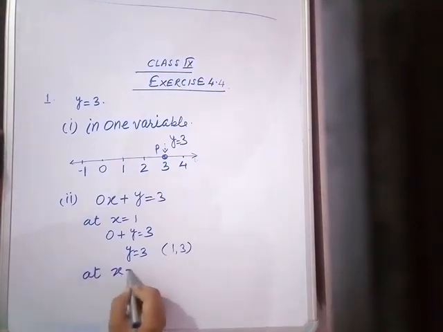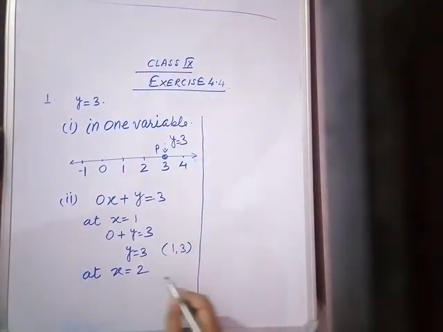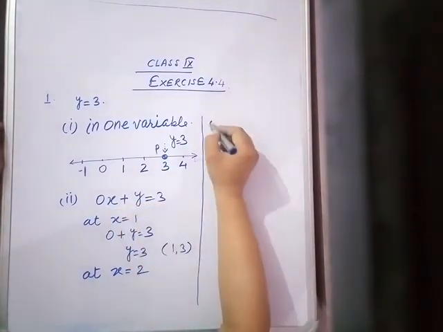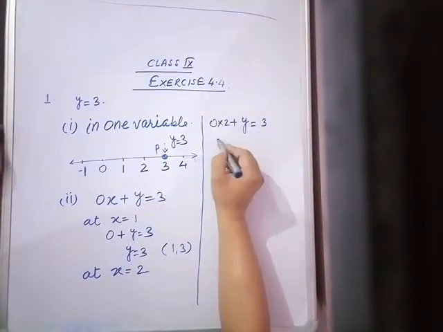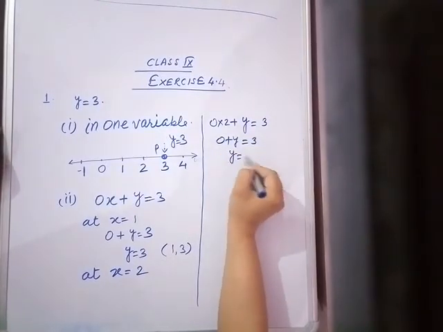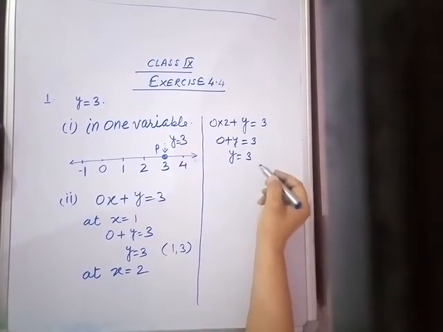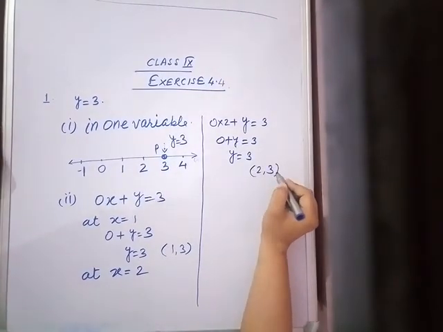At x equal to 2, 0 into 2 plus y equal to 3, so 0 plus y equal to 3 means y equal to 3. So the other solution is (2, 3).